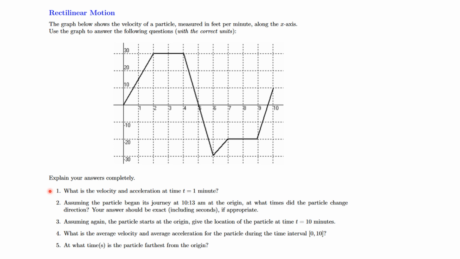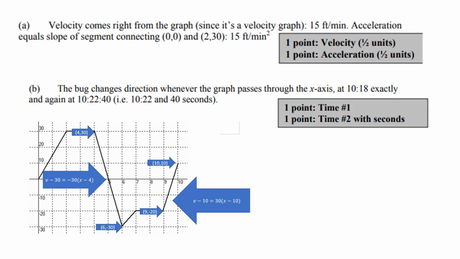Okay, let's dive in and realize that here this is the velocity versus time, and so this axis has velocity in it. Well, the velocity comes straight from the graph because it is a velocity graph. And so you see at time 1 minute, you are at 15 feet per minute.